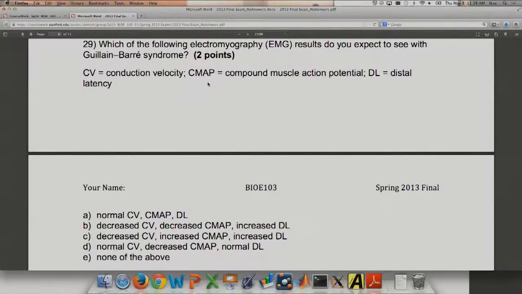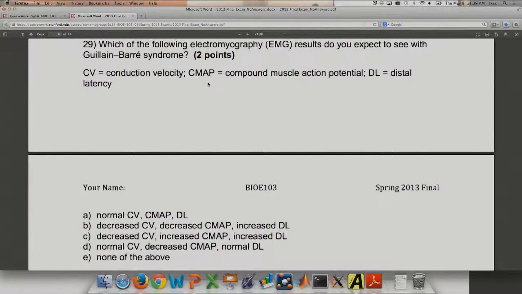So the next question is, which of the following EMG results do you expect to see with Guillain-Barré syndrome? Does anyone remember what Guillain-Barré is? Yeah.